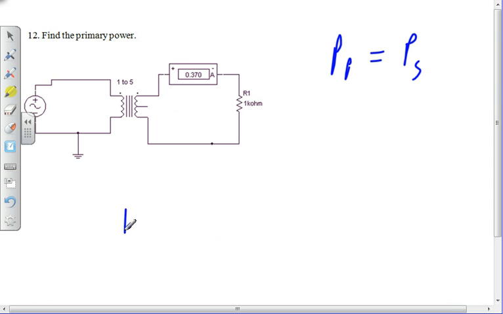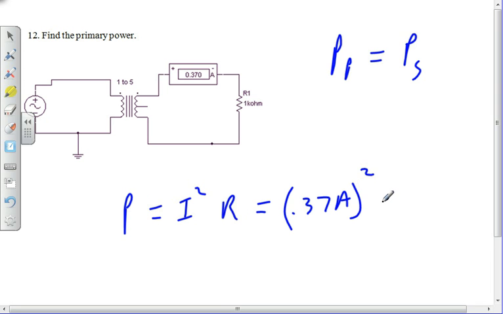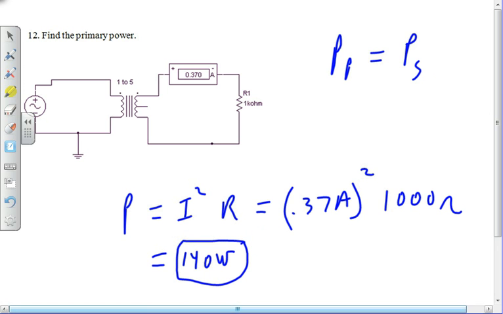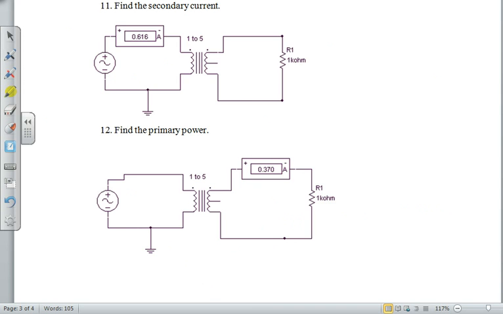Okay, so power is I squared R, both of which we have, 0.37 amps squared times 1,000 ohms. 0.37 squared times 1,000, we'll call it 140 watts. 140 watts. That's the same either way. Okay, so that was 12.